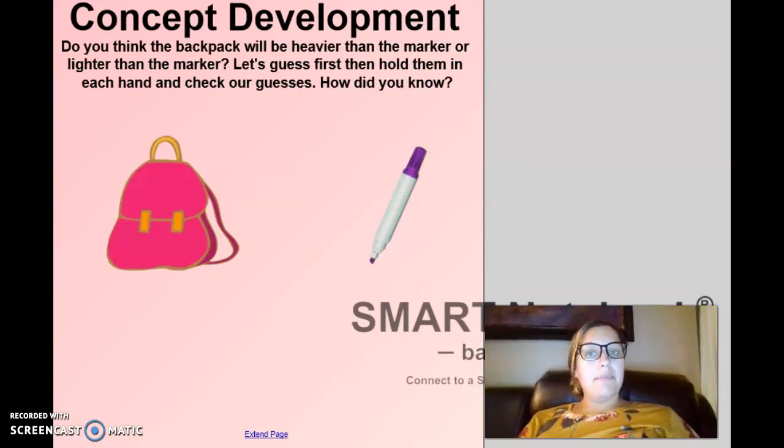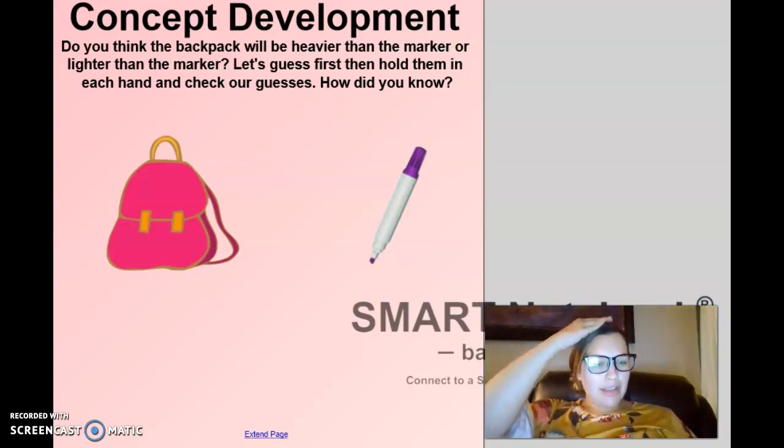Do you think your backpack is heavier than a marker or lighter than a marker? So think of a marker and think of a backpack. If you're at home, you can put your backpack on and feel it and then hold a marker in your hand, or a crayon or a pen or a pencil, something to write with, and you'll be able to feel the difference.